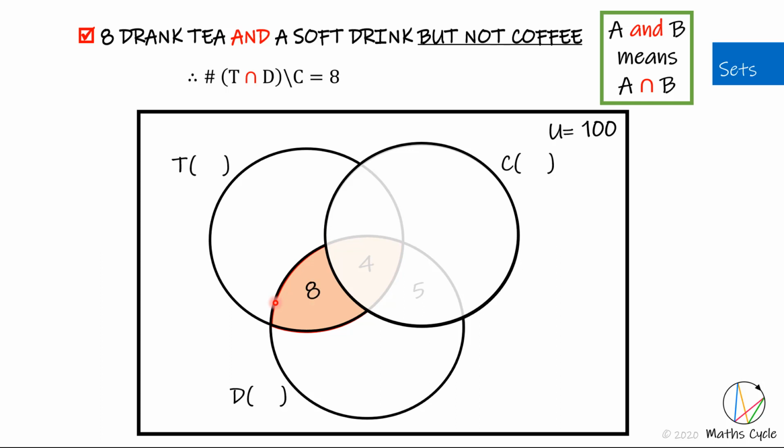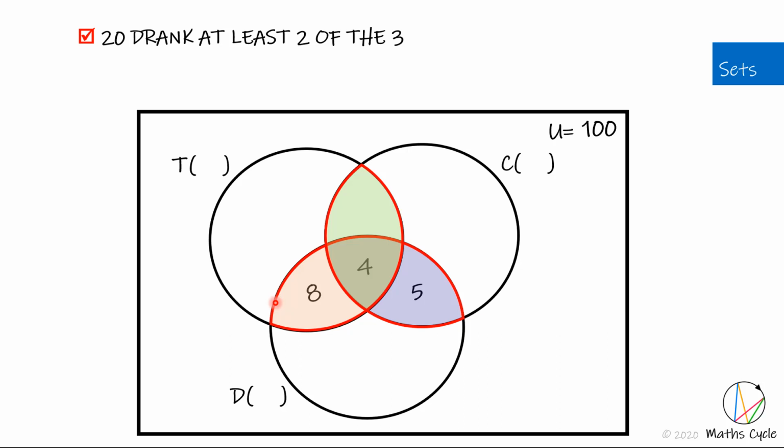Okay. The next piece of information is that 20 drank at least 2 of the 3. Now this idea of at least 2 of the 3 comes up a lot in sets questions, and it always refers to this section of the graph.